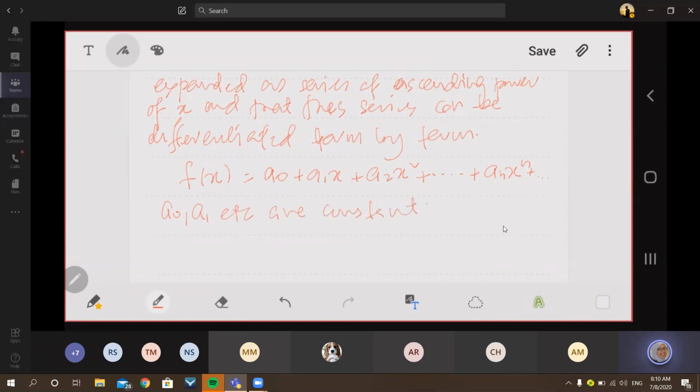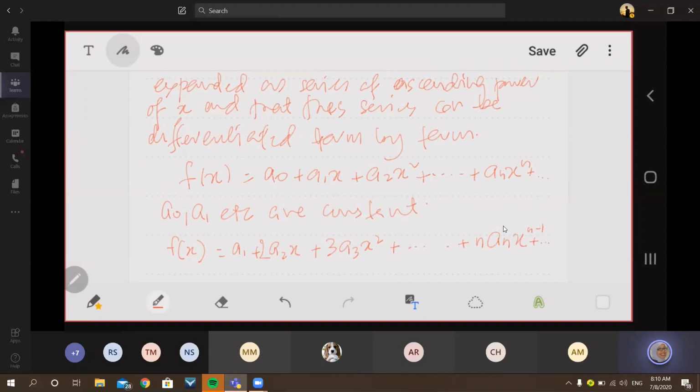So if we differentiate f of x, we get a1 plus 2a2 x plus 3a3 x squared plus so on plus n a n x to the n minus 1 plus dot dot dot.